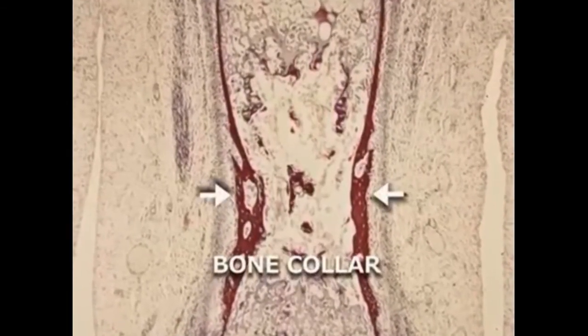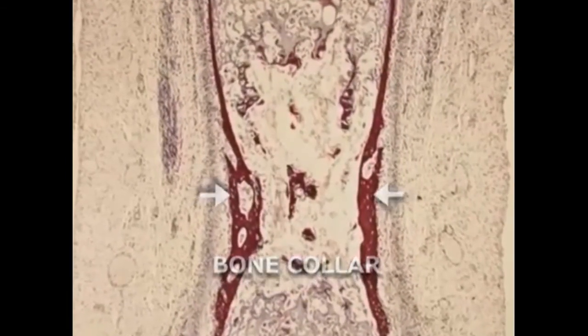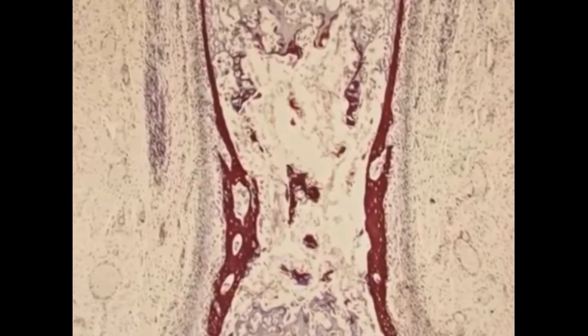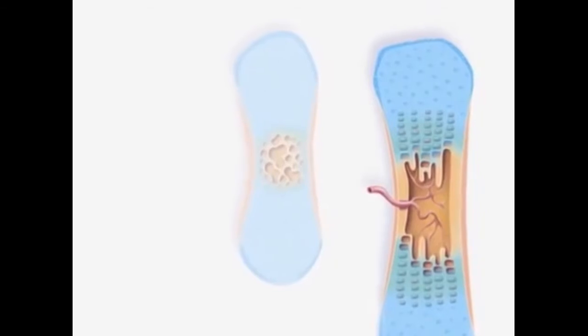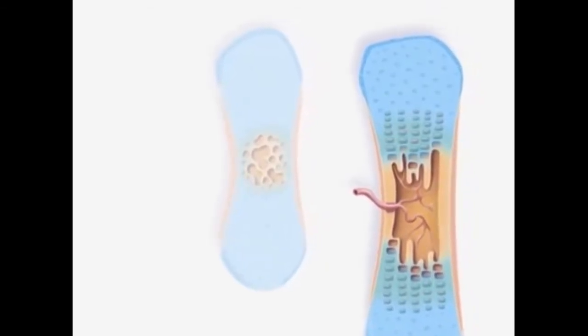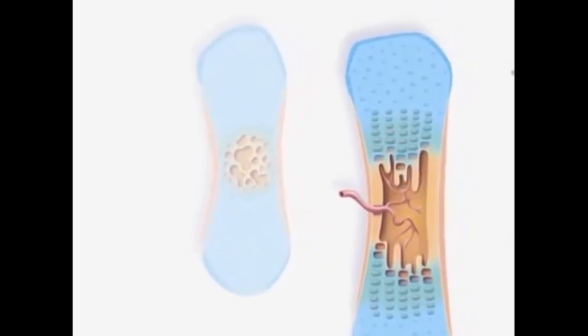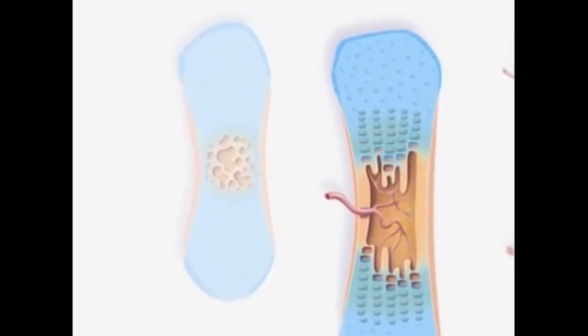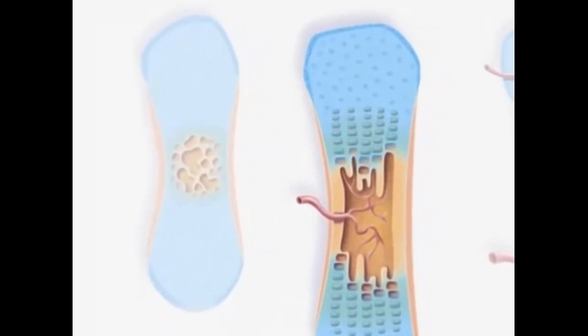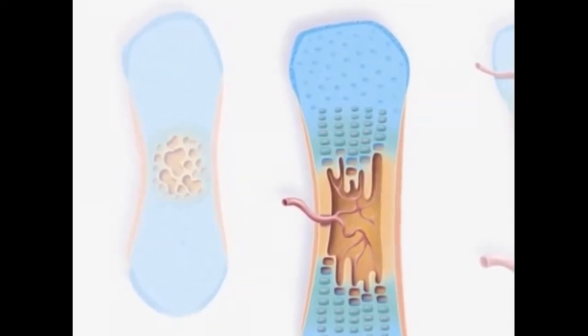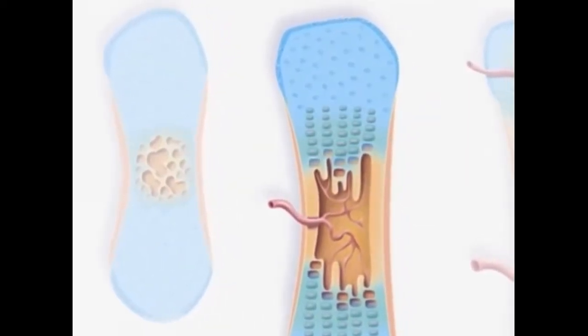Next, stem cells within the perichondrium divide to form osteoblasts, and a compact bone collar is formed around the calcified cartilage shaft. A periosteal bud consisting of capillaries and osteoblasts invades the core of the cartilaginous shaft, forming a primary ossification center. The remains of the calcified cartilage serve as a template on which osteoblasts can build bone.